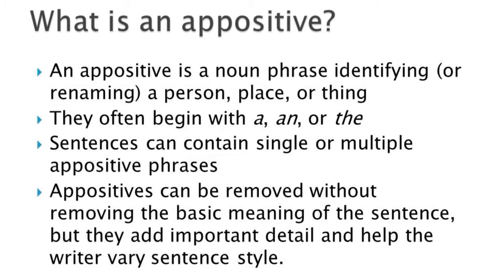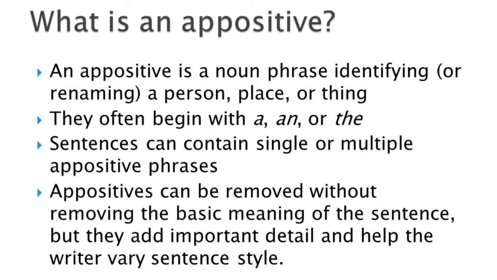Before proceeding, we need to identify what an appositive actually is. An appositive is a noun phrase that identifies or renames a person, place, or thing. Appositives usually begin with the words a, an, or the, but are not limited to beginning with those three words.